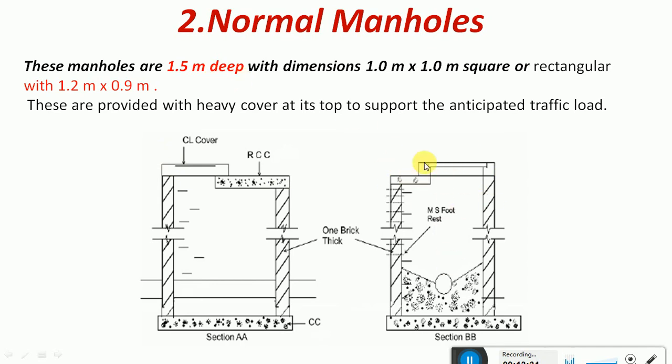If it is square, it is 1 meter by 1 meter. If it is rectangular, it will be 1.2 by 0.9 meter. If it is circular, it will be around 1 meter, so that a man can easily enter this chamber. These are provided with a little heavier cover to support the anticipated traffic load.